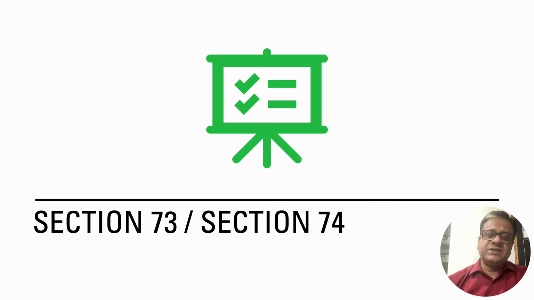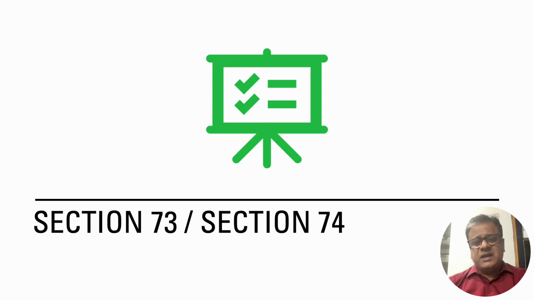Basically, in GST, most of the time, the notices are issued under section 73 or 74. We will try to understand which notices are issued under section 73 and which notices are issued under 74.